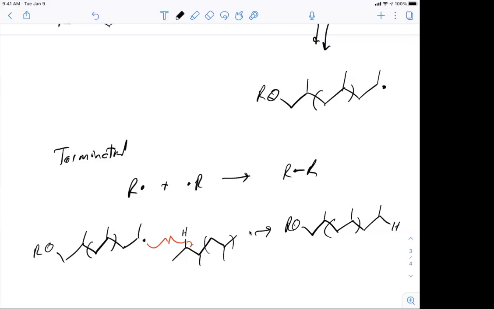But what it does then, and this is under branching, is it creates over here a new radical.